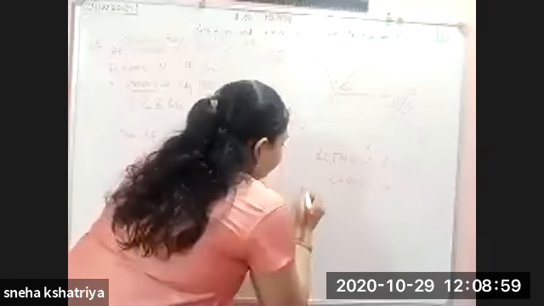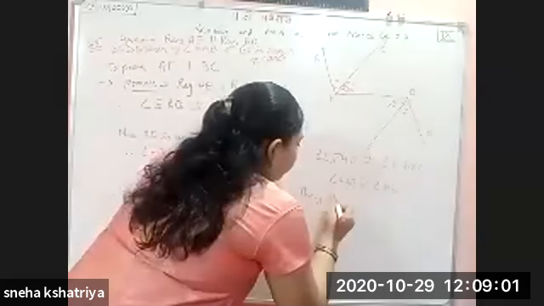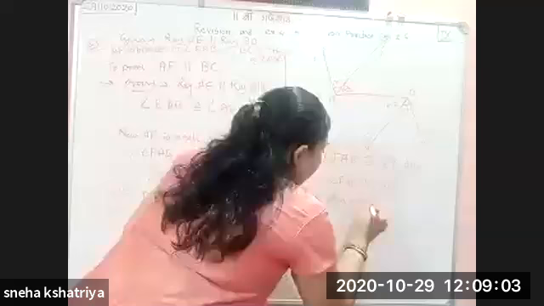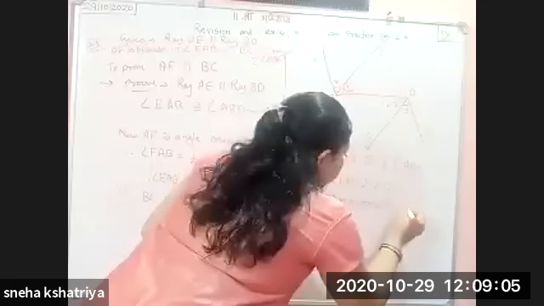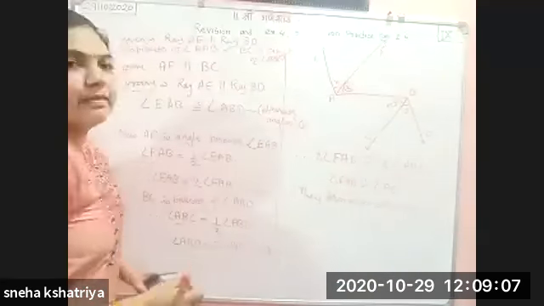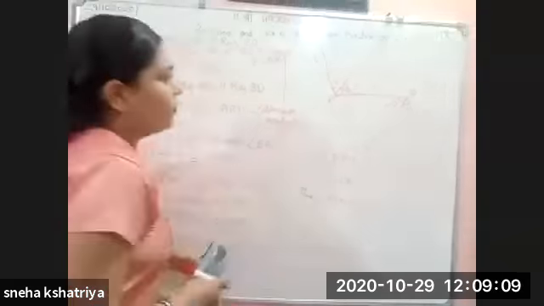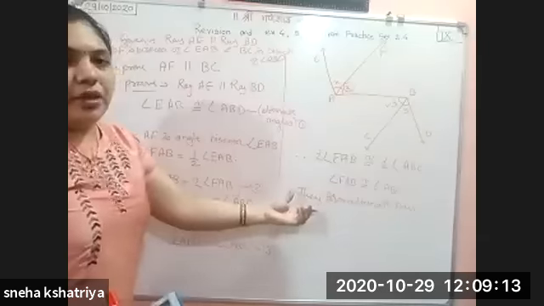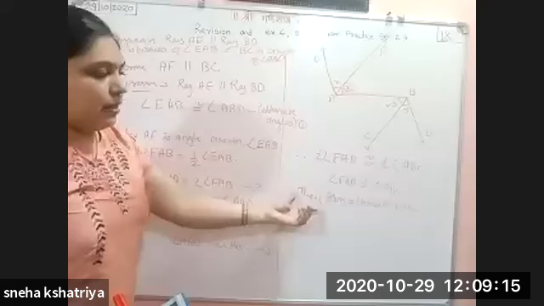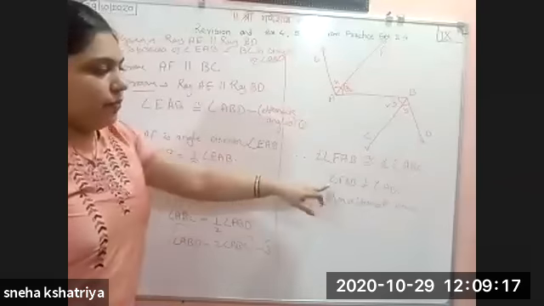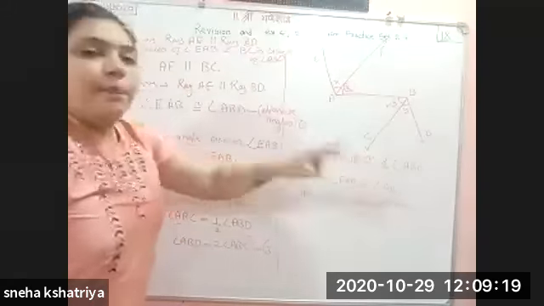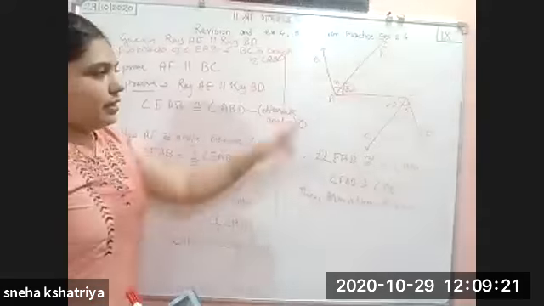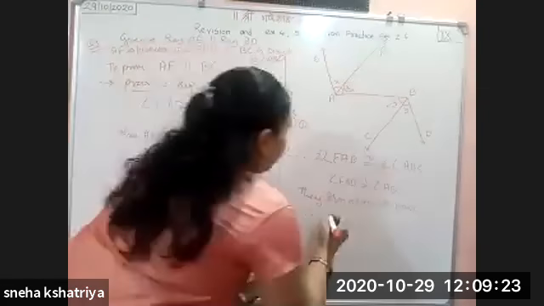They form an alternate pair. Therefore, AF is parallel to BC, because according to the property or the test of interior alternate pair angles, if any alternate angles are congruent, then the lines become parallel.